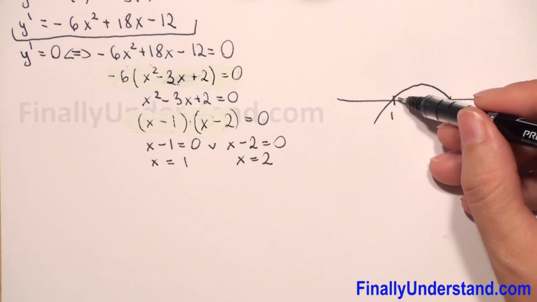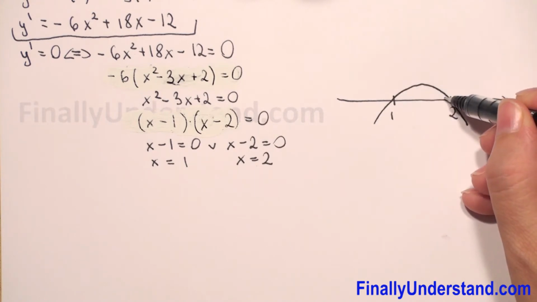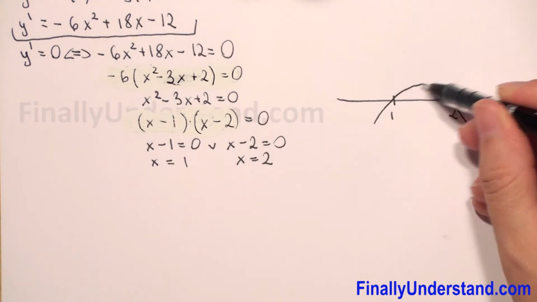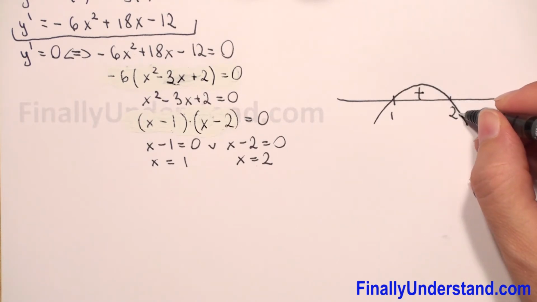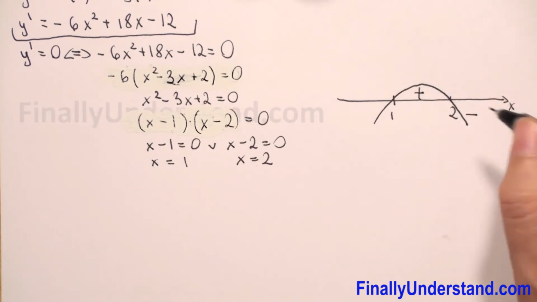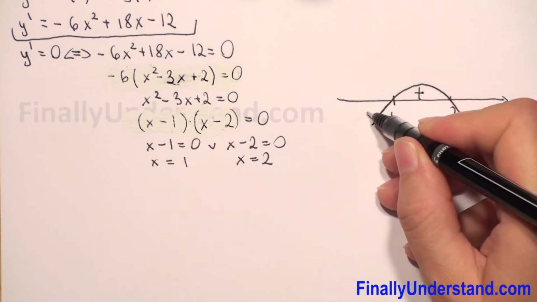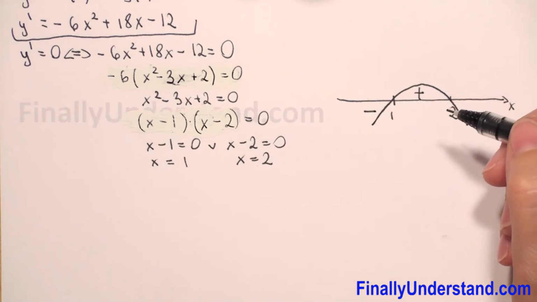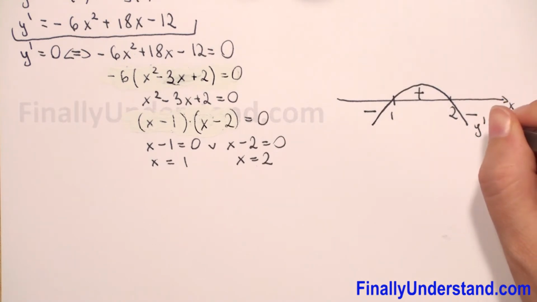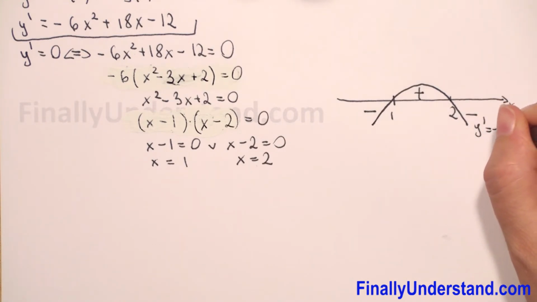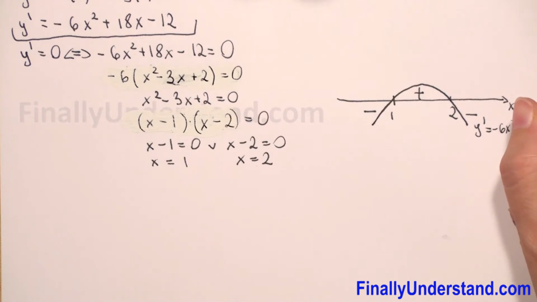And now we see that this part is above the x-axis, so it has positive values. This part is under, so it has negative values, and this is under, so these are negative values. This is our y prime function, negative 6x squared plus 18x minus 12.